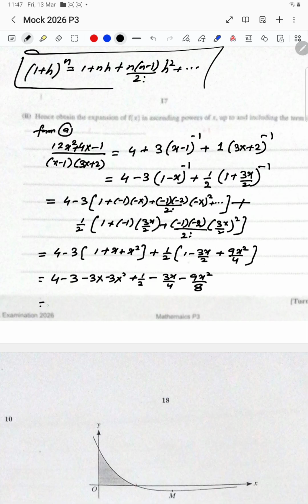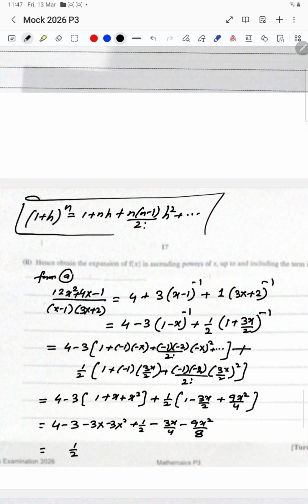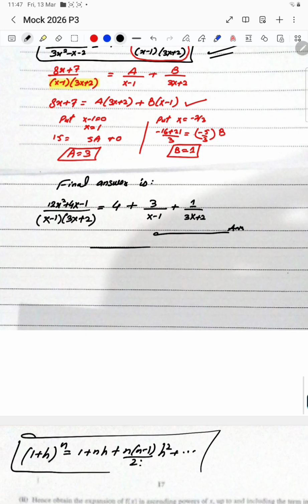I will get it will be 1 by 2, right, and 1 by 2. I need to get this 1 by 2, yeah, because this is minus here, because here b is minus 1.